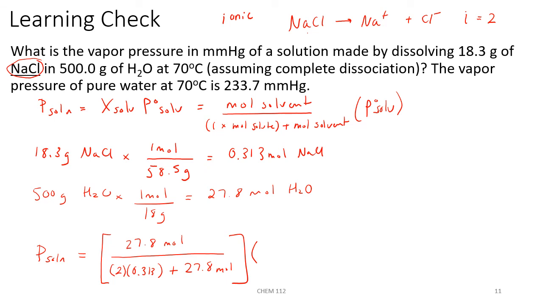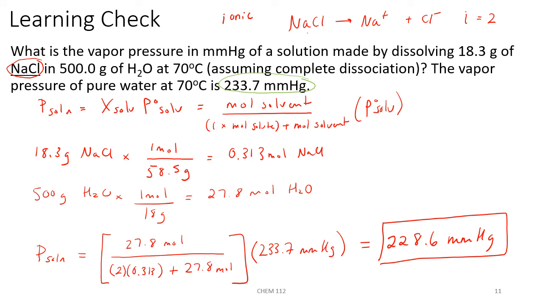We were told in the problem that the vapor pressure of water was 233.7, so that's our pure solvent. Millimeters of mercury are our units. Mole fraction is unitless, so our vapor pressure will also be in millimeters of mercury. And that should come out to being lower than the vapor pressure of our pure solvent, and that is 22.86 millimeters of mercury. So, vapor pressure lowering. In this case, it's lower than it would be if we had a non-ionic compound because it wouldn't dissociate into particles. So our i factor would have been 1 for something that was non-ionic.